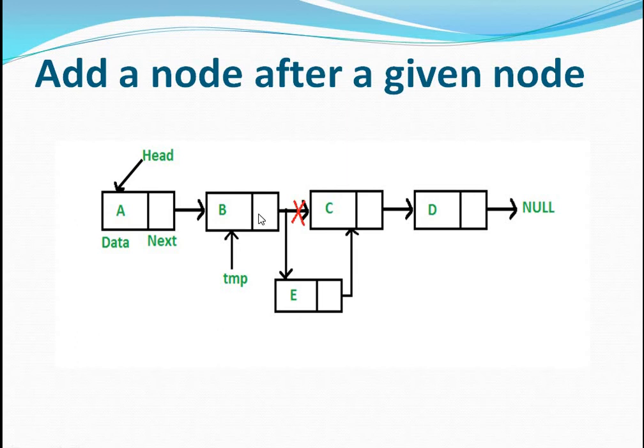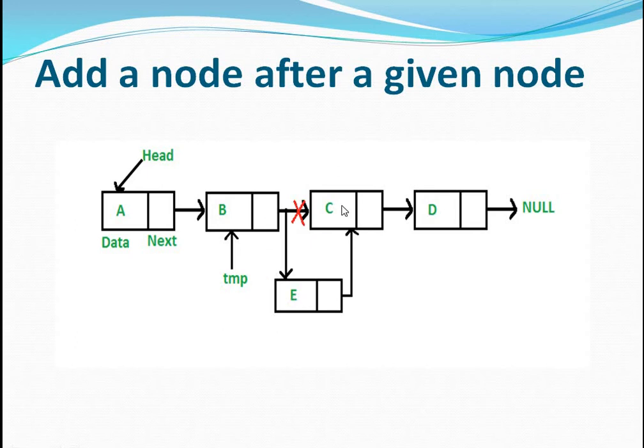So B's next field is holding the address of C, which I am going to assign here, and B's next field will have the address of E. So this pointer will be changed, and this pointer will be assigned a value. The value which was stored here previously will be assigned here, and here the new value of E will be taken, and in this way a new node will be inserted.